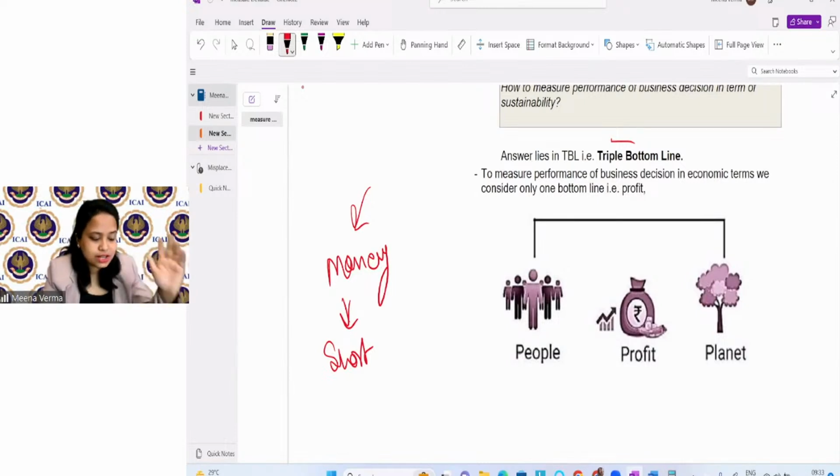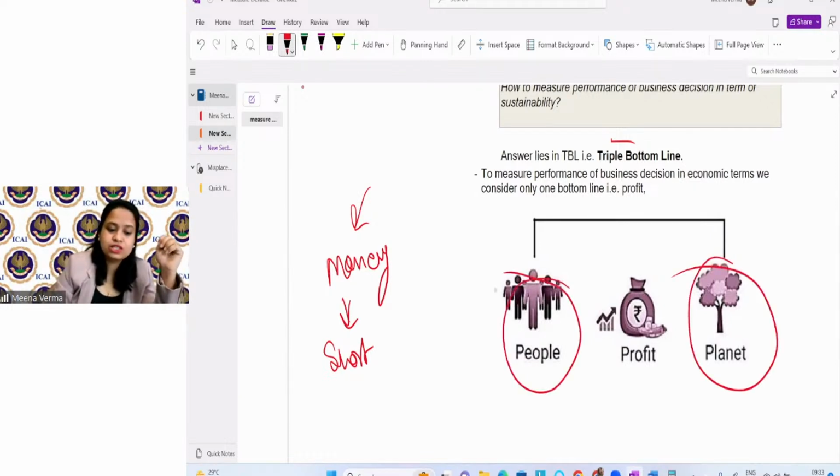You will not survive for a long time period. If you want to make your organization survive for a long time period, you must focus on the environment as well as the entire society, right? We must consider this also, right?